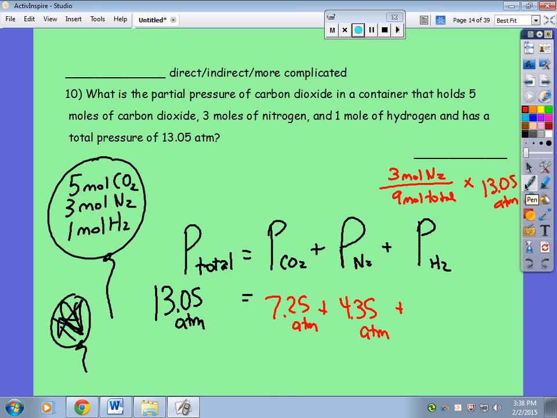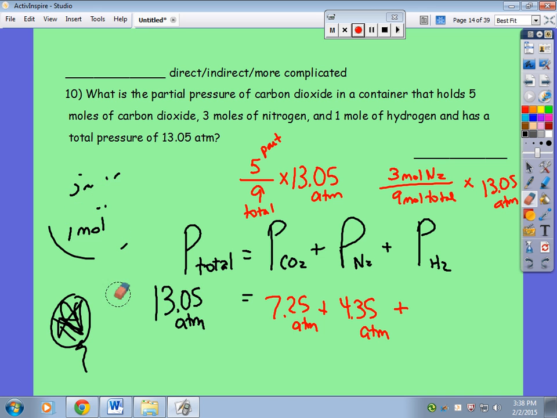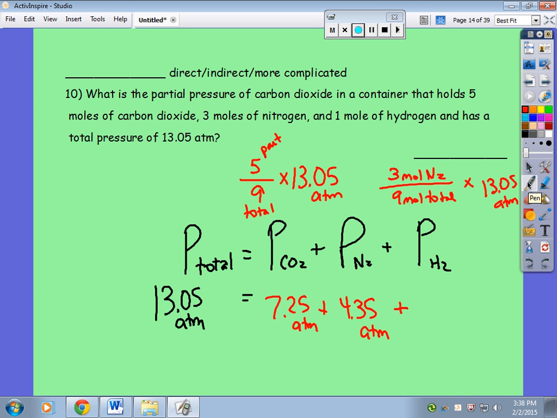And actually, I guess I should leave that up. Okay? And I'll just do the hydrogen over here. I'm going to erase the balloon. Okay? That'll work. Only so much room on these boards, you know? All right, so to do hydrogen, I would take 1 mole of hydrogen out of the total 9 moles times the total pressure, and that's what part the hydrogen is out of the whole thing. And if I didn't know it, I could go ahead and subtract, but it's 1.45 atmospheres.